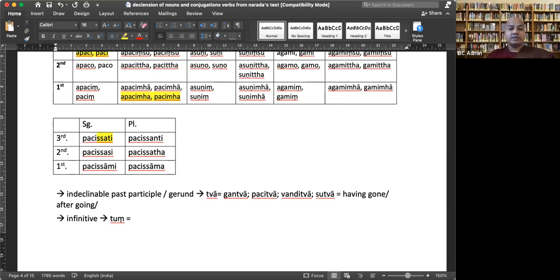Okay. For example, it would be pachitum, actually, not pachtum, itum. So in some cases you need to add an extra i before tum.